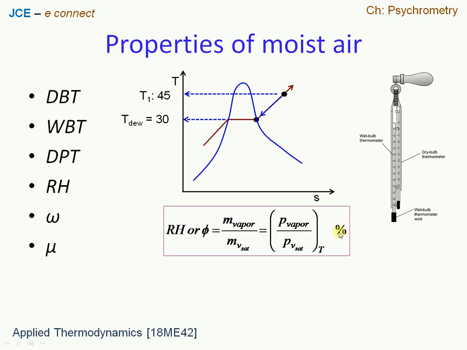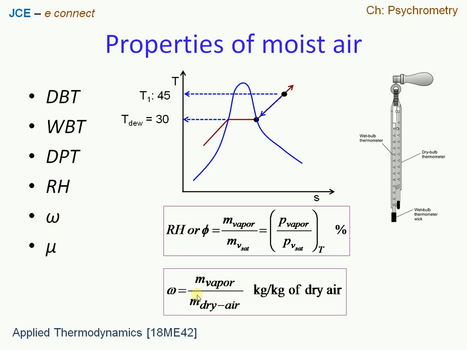and it is represented in terms of percentage. Now looking at the next parameter, W or omega, which is called specific humidity, which is the ratio of mass of vapor to mass of dry air. The unit is kg of vapor per kg of dry air, popularly expressed as kg per kg of dry air.